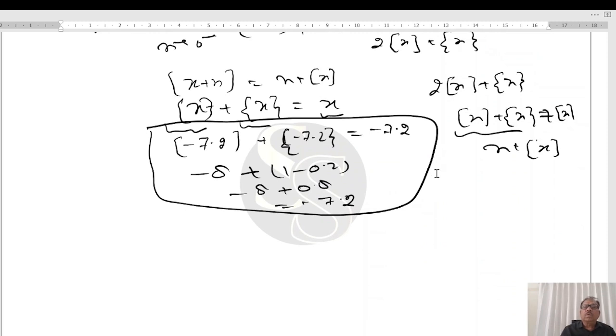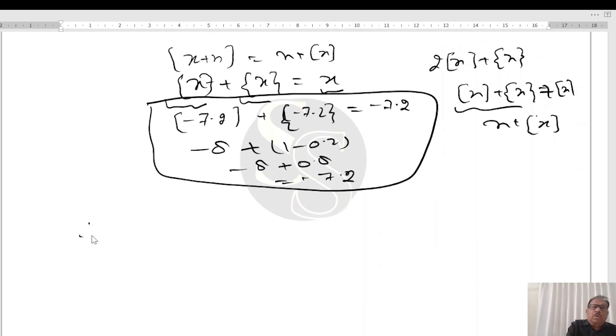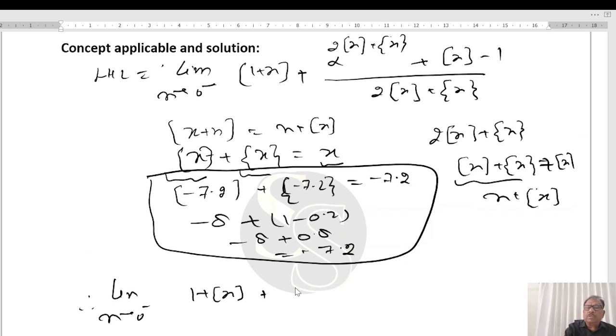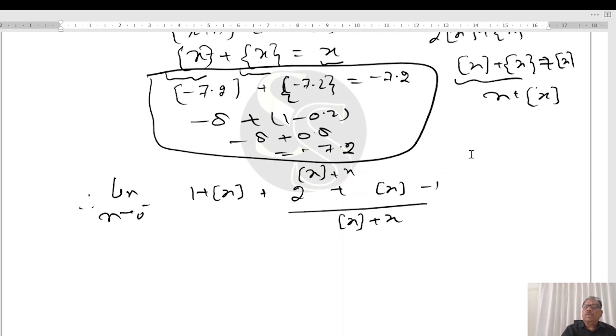Now, therefore, limit x tends to 0 minus of 1 plus x plus twice this, plus minus 1 plus x divided by x, right?